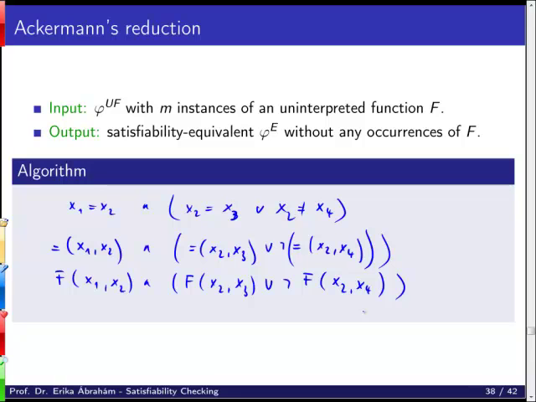If the value of the function is not always Boolean, but can be arbitrary, then I would have equalities using uninterpreted functions. That means I can have expressions like f of x1, x2 equals x3, or also nested, like f of g of x3, x2 equals 5.